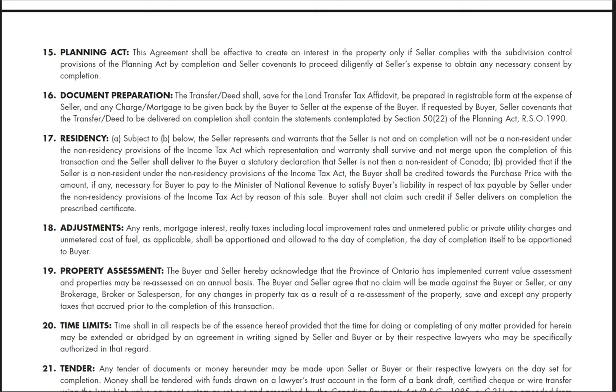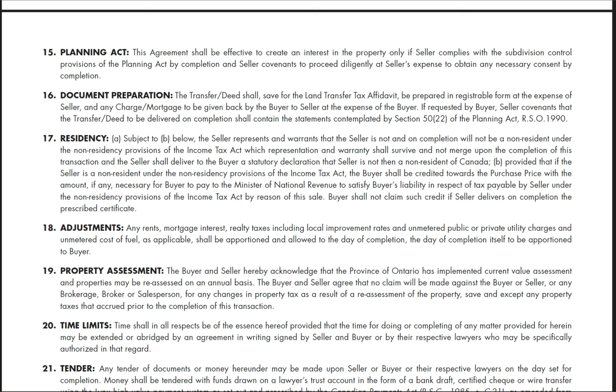Another one would be first and last month's rent. That's a little bit of a gotcha as well. Generally in the rental agreement there would be a first and last month's rent, so it assumes that the last month's rent would be transferable as well.